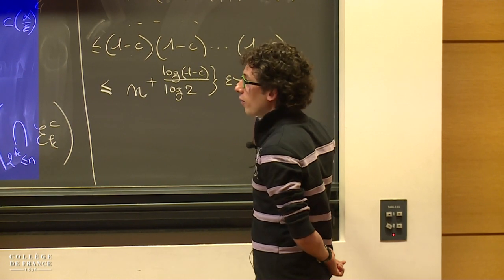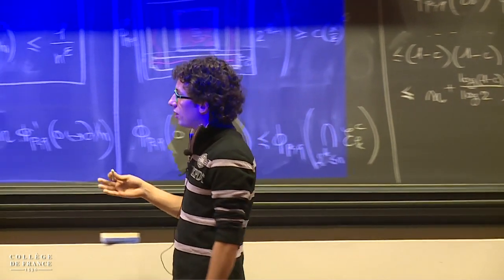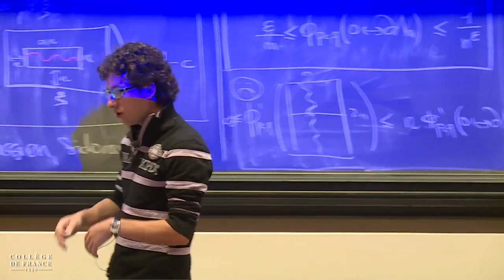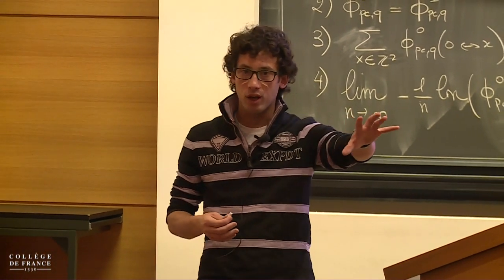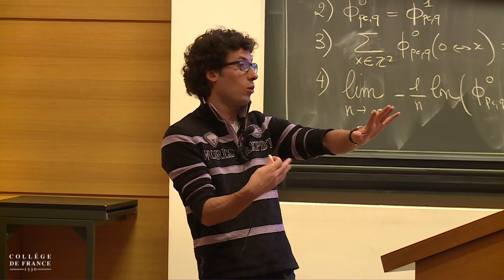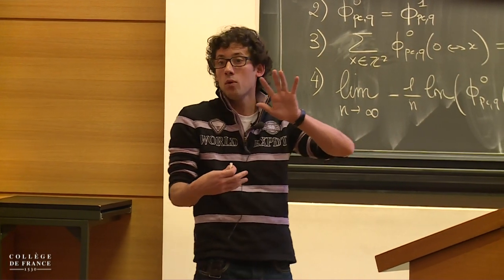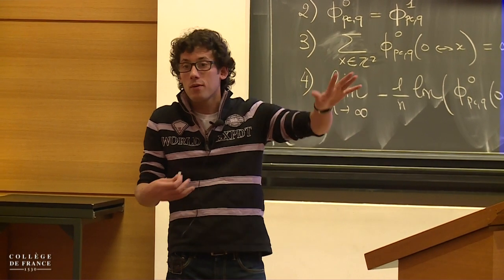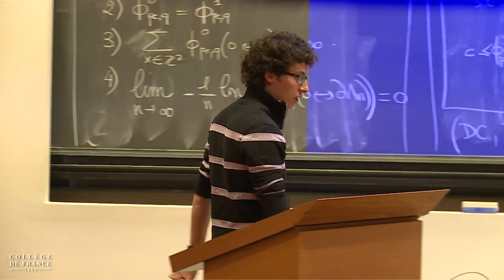So here I really want to highlight why it is important to have this uniformity in boundary conditions. Because when you use Russo-Seymour-Welsh, usually you are going to condition on what is happening somewhere else, and you want to know that even if you condition, you still have Russo-Seymour-Welsh in the box somehow. And this is going to be induced by the fact that it gives you some boundary condition, whatever boundary condition, but my bounds are uniform in the boundary conditions.